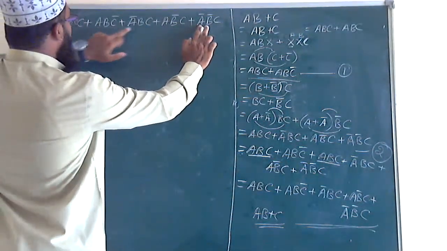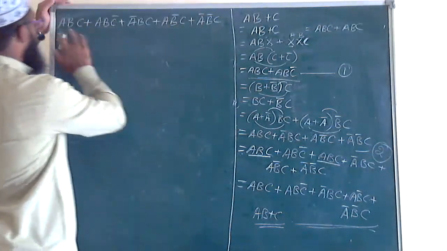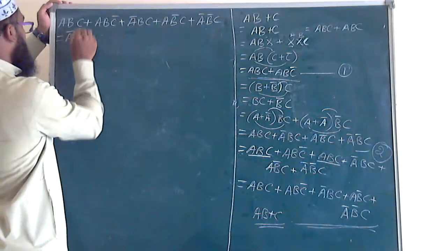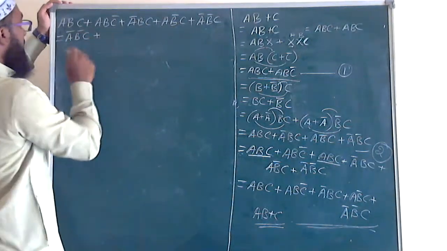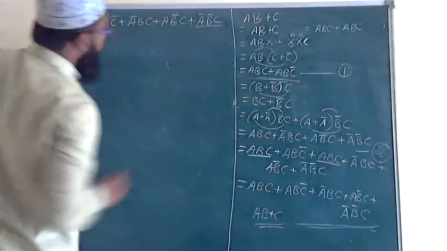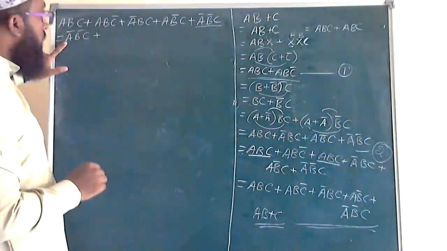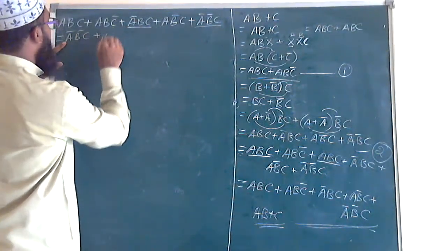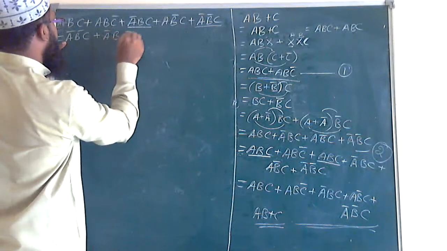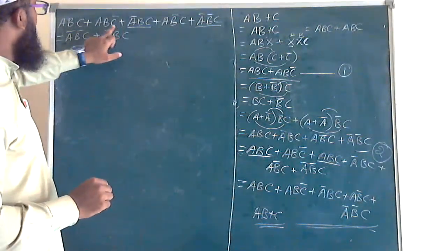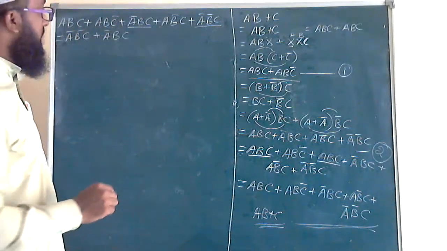Only one A bar B bar is there, so I will take this one first: A bar B bar C, plus. If any more A bars are there, yes, here is also A bar, then take A bar BC. Any more bars on A? No, there is no bar on A.